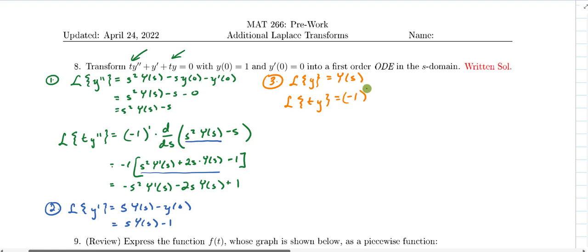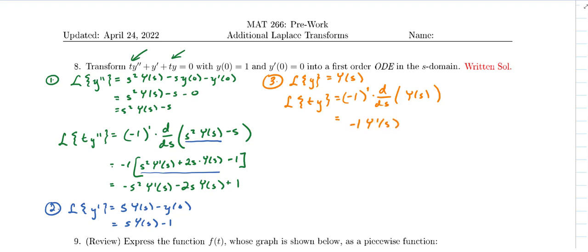Again, this will be to the first power, and we will take the first derivative of y sub s. Okay. If this had been a higher power of t, say t to the 5th power, then this would be minus 1 to the 5th power, and I'd be taking the 5th derivative of y sub s. So continuing, we end up with just negative 1 y prime of s.